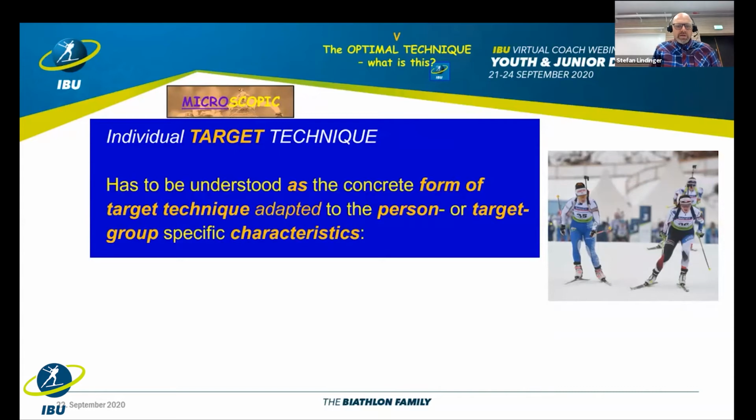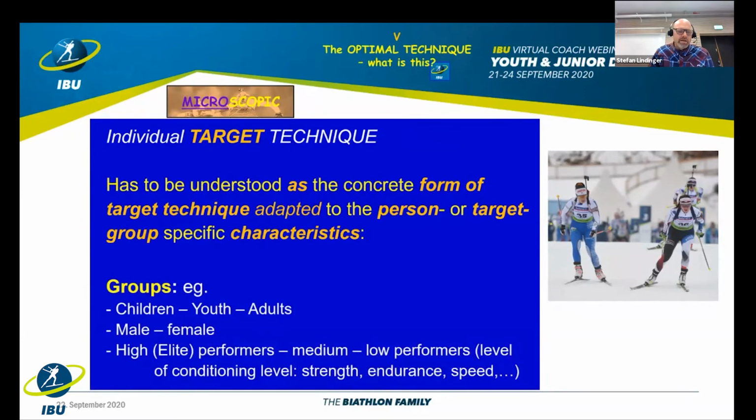So it has to be understood as the concrete form of target technique adapted to the person or target group specific characteristics, and there are many. I mean, it depends. Do we have a child? Do we have youth athletes or adults? Do we have male or female sometimes? I come back to that aspect. We know, and it's still a big reserve in female skiers, the upper body capacity.